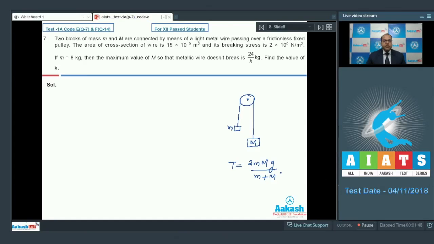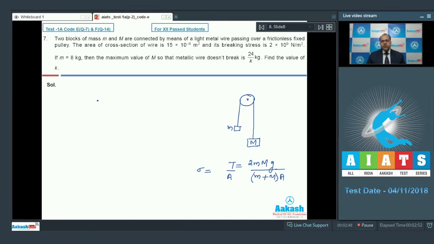Since the tension is this in the wire, if I calculate the stress, that is T by A. So sigma is equal to T by A, and this sigma is given in the question in the form of breaking stress. So when M is maximum, the value of sigma is equal to the breaking stress.